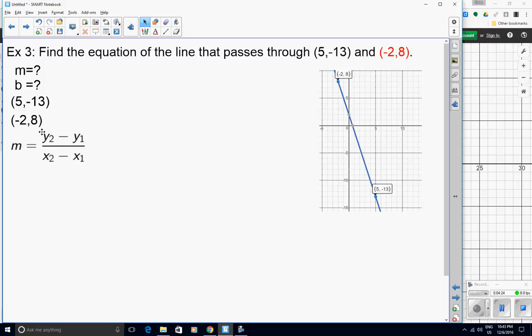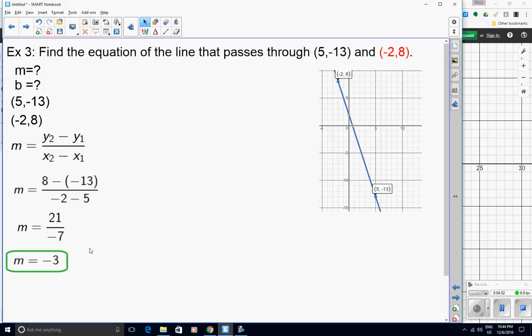So this second point is my point number 2, making this y2 and x2, and this y1 and x1. So I'm just going to substitute those in. So 8 minus -13 over -2 minus 5. We can simplify that. 8 minus -13 is 21. -2 take away 5 is -7. And when we reduce, we get a slope of -3.